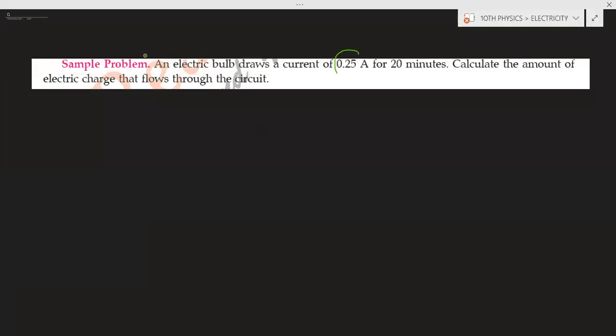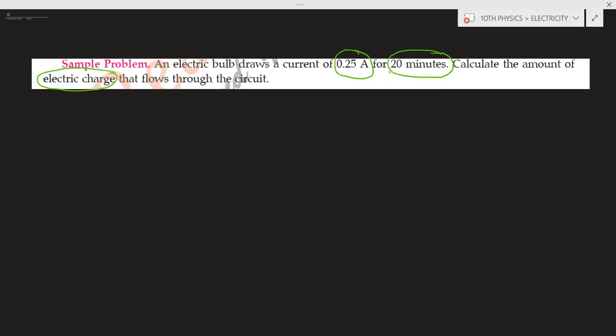The value of the current is given, and this current is flowing for how much amount of time? For 20 minutes. So they are saying calculate the quantity of the electric charge that flows through the circuit in 20 minutes.